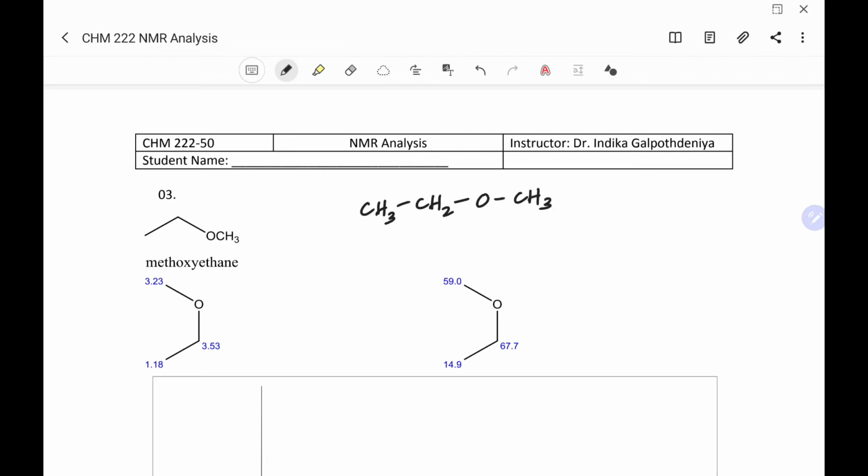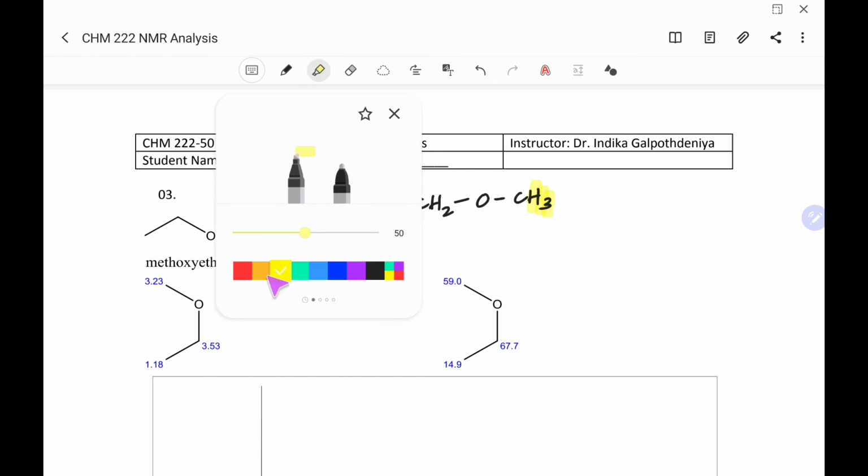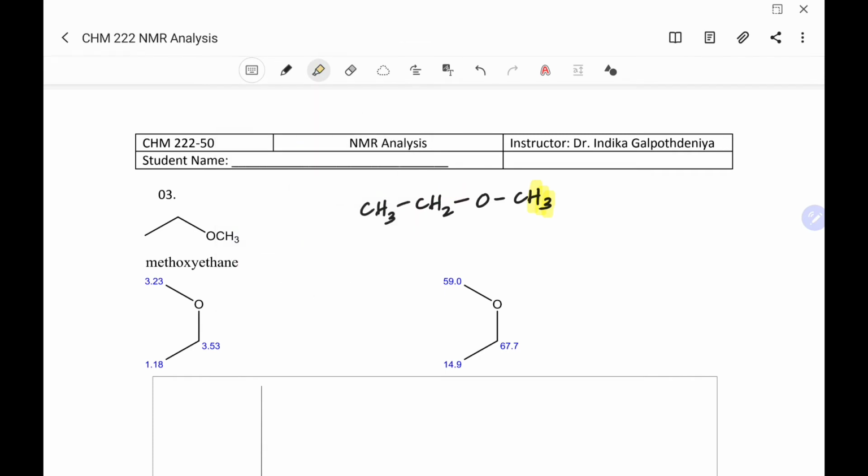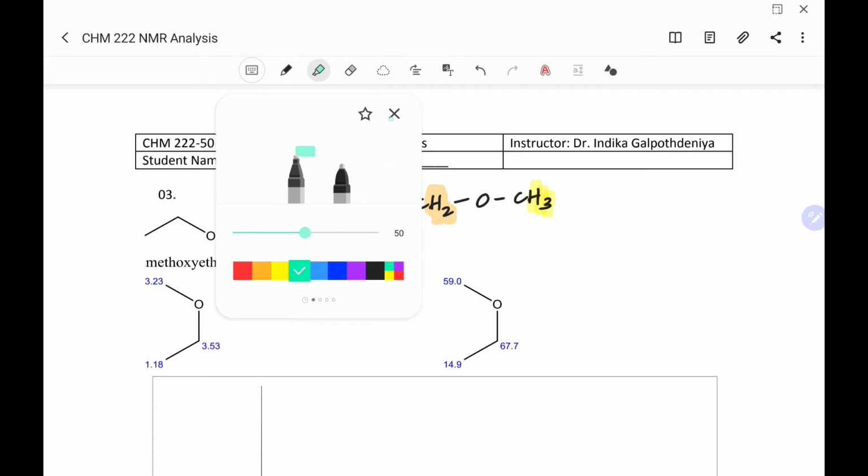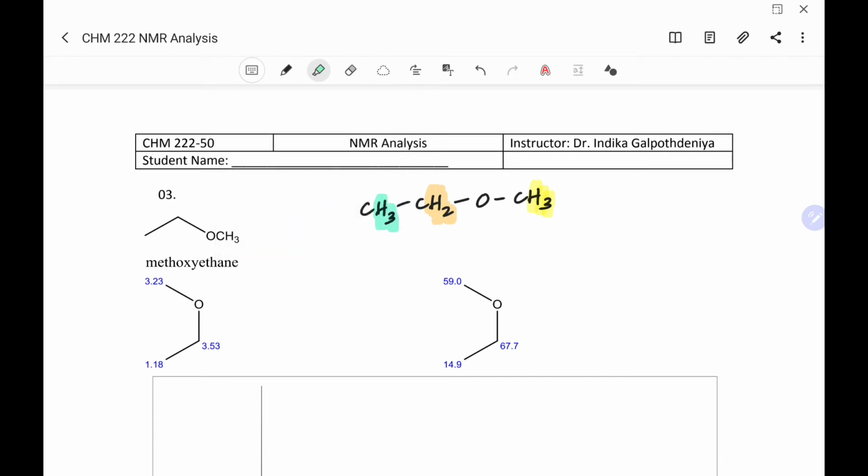This is the condensed structure for your molecule. These 3 hydrogens are chemically different from the other hydrogens, right? So let's highlight them all. This is the second kind. The third kind is right here. So you have 3 chemically different hydrogens.